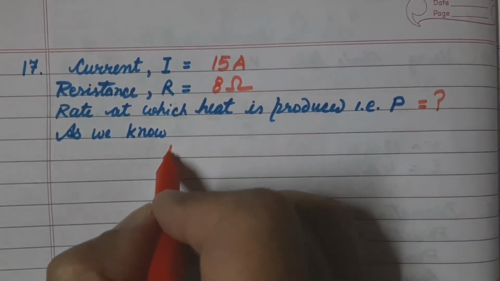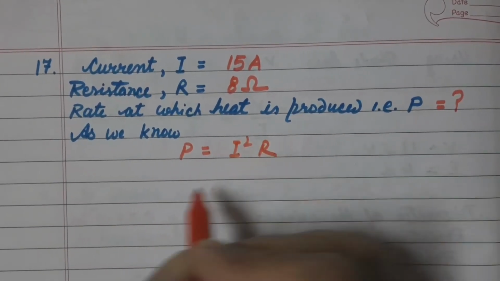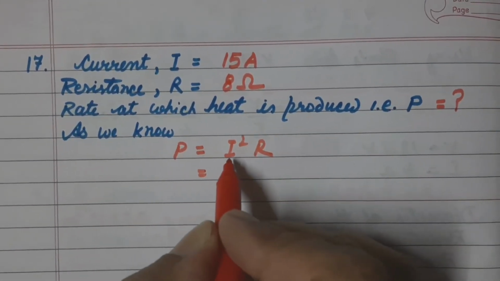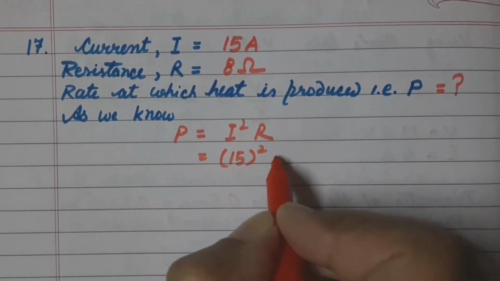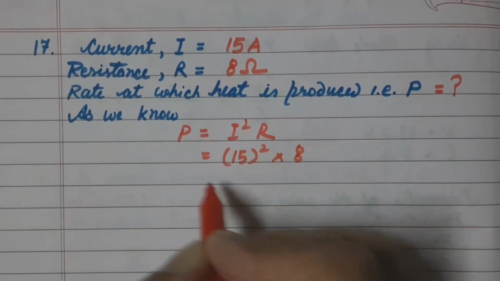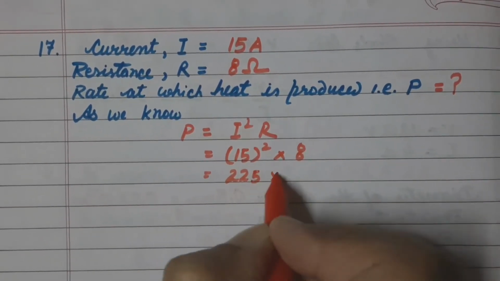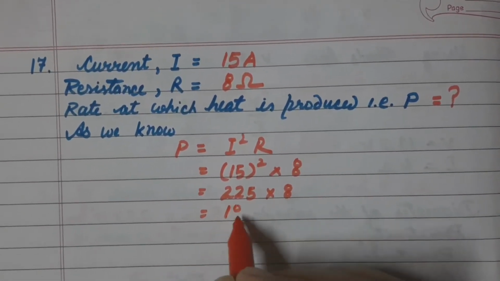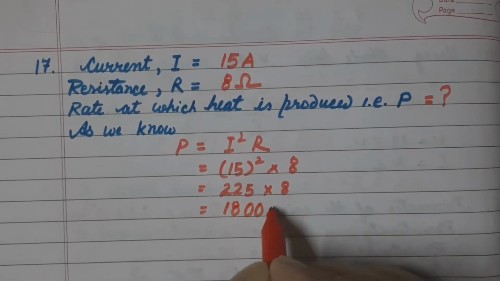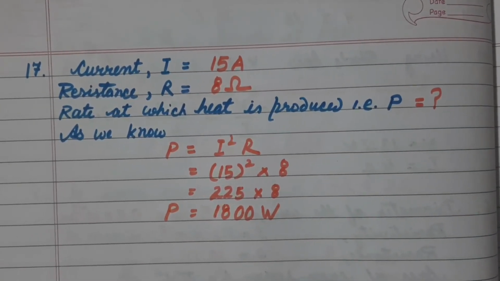As we know, P is equal to I square R. Let us fill the values. 15 square into R, which is 8. It is 225 into 8, which is equal to 1800 watt. We have calculated power.